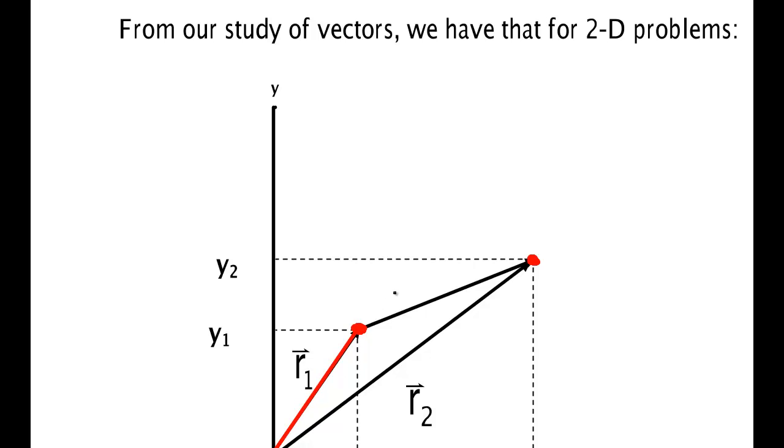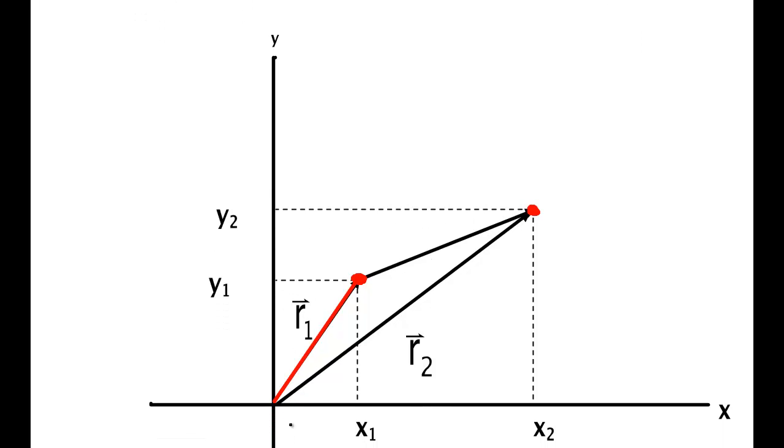There it goes. And then after some time, the ball has moved to a second position, and we can show that with this vector right here. So it's now right there. That's its final location. So the question is, where is the change?